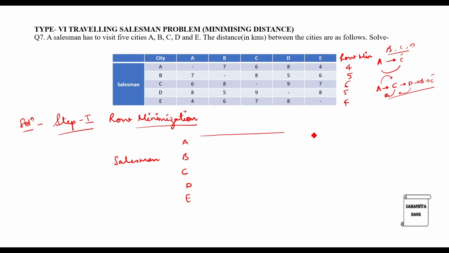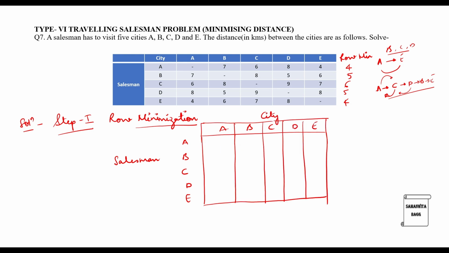These are the salesmen, and here we have the cities A, B, C, D and E. Now we are going to calculate the minimum value by subtracting 4 from the first row values. So this will be 3, 2, 4, 0. From the next one we are going to subtract 5. So this will be 2, 3, 0, 1. Then we'll subtract 6. So this is 0, 2, dash, 3 and 1.